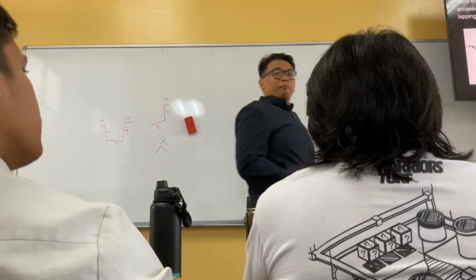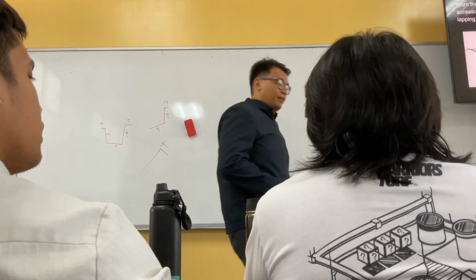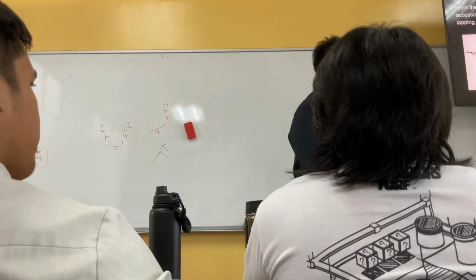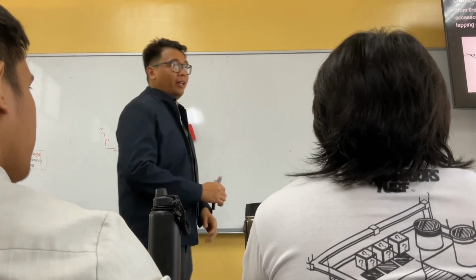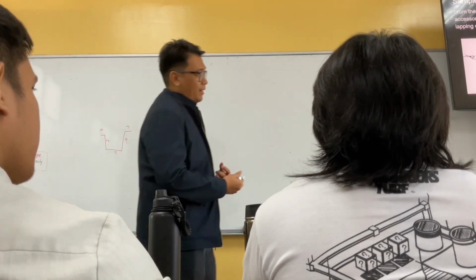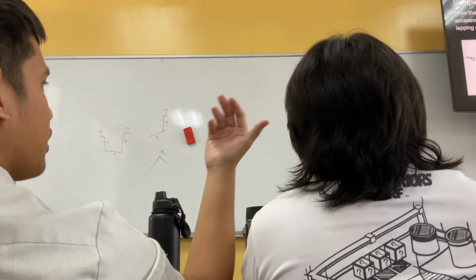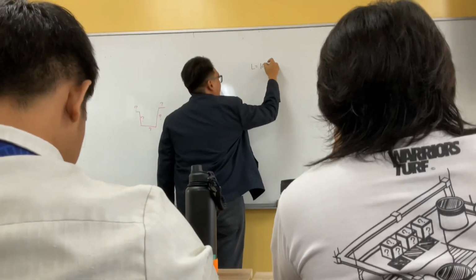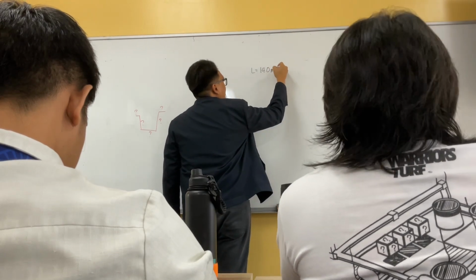Kasi itong first step, determine the length of your purlins along the nasa mga third line na. Nasa 40 meters. Doon sa malang length. 40 meters.